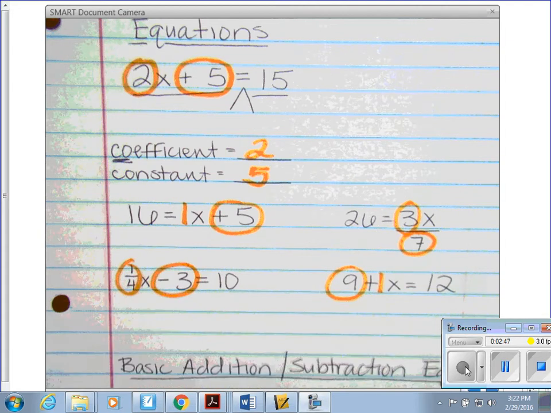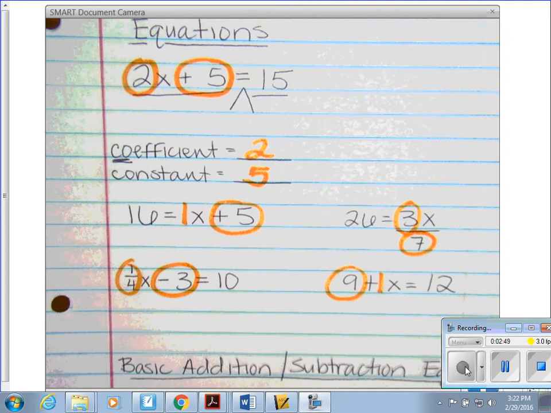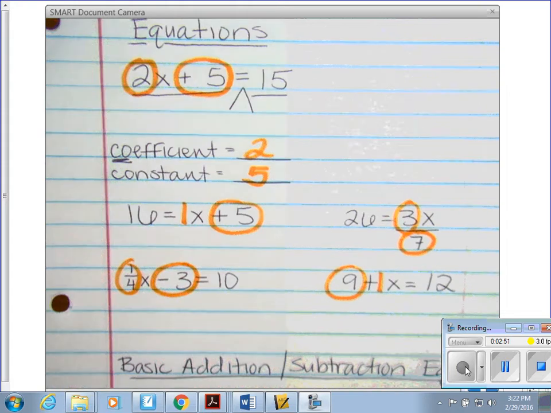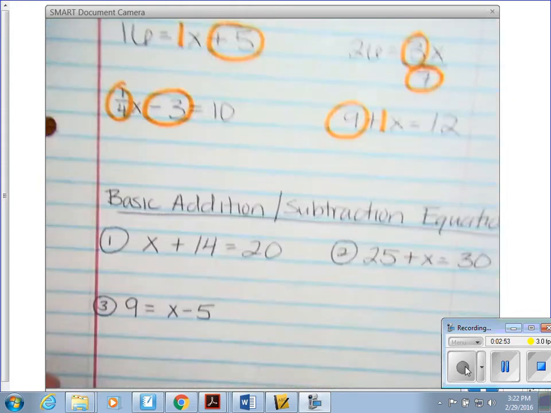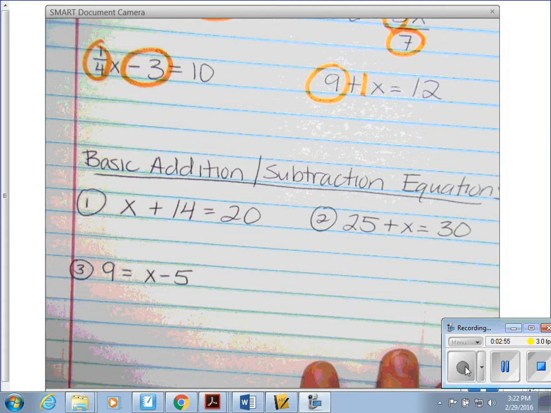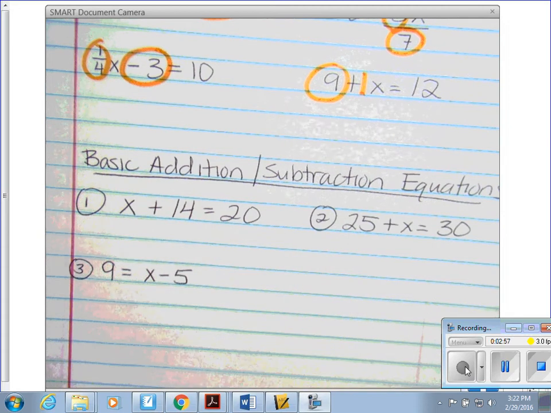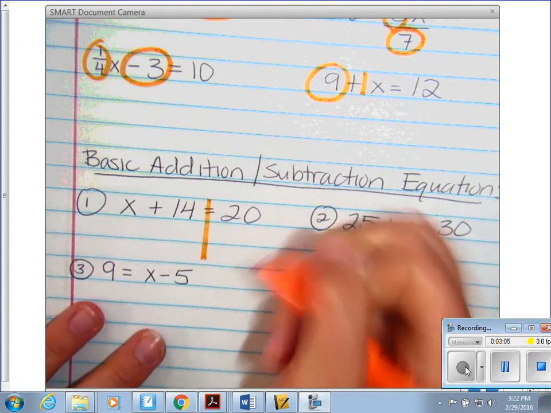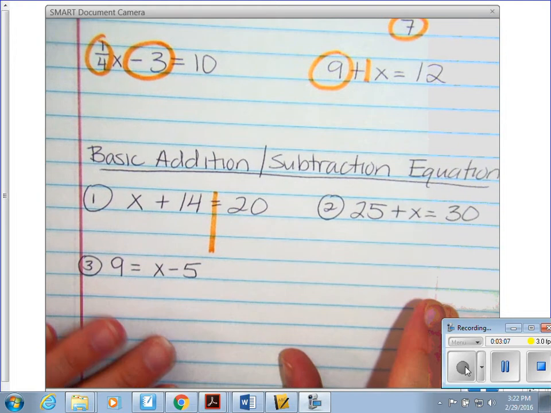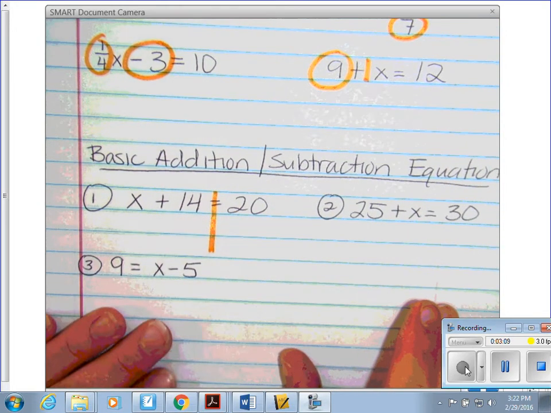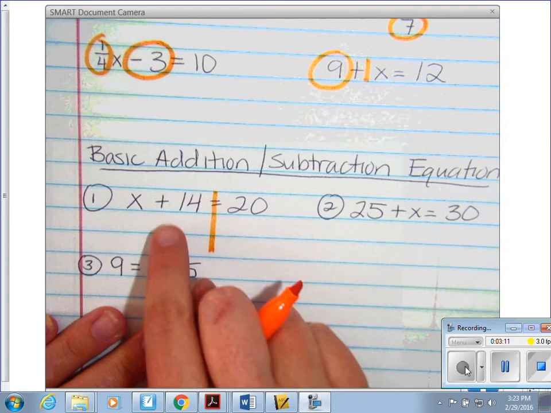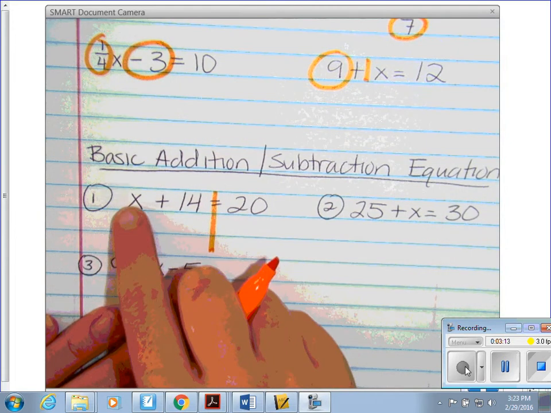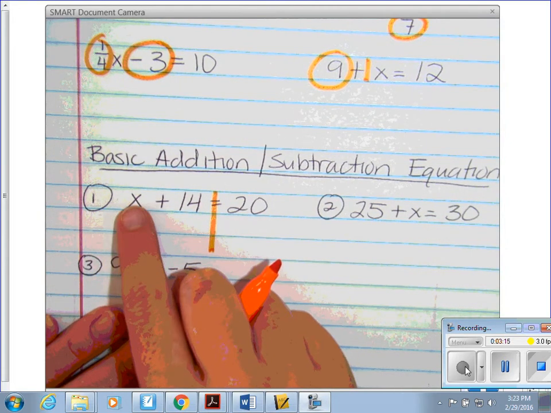Let's take a look at some examples. We learned that with my addition property of equality and subtraction property of equality, I can isolate the variable by undoing my constant. I want a coefficient of 1 and a constant of 0. But basically, I need to get x by itself. It needs to be isolated.